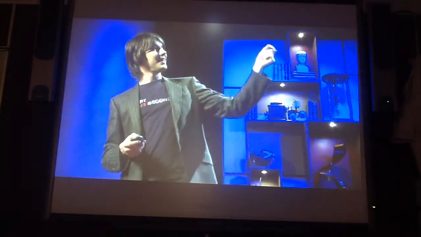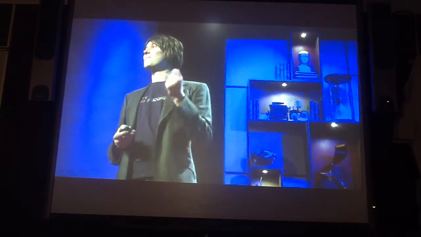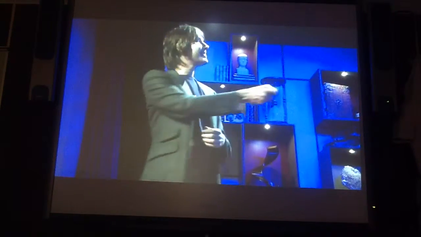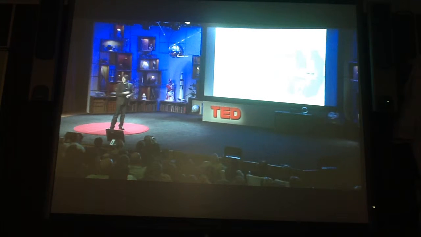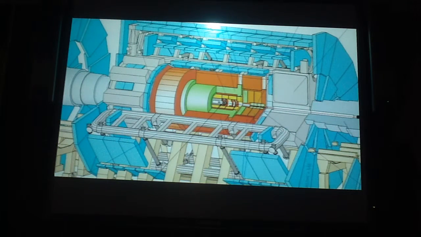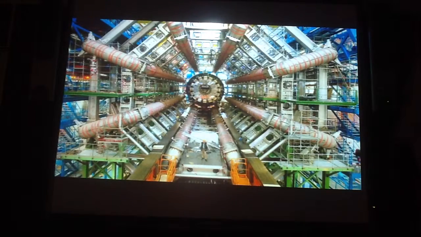And we recreate the conditions that were present less than a billionth of a second after the universe began, up to 600 million times a second inside that detector. You know, immense numbers. And if you see those metal bits there, those are huge magnets that bend electrically charged particles so we can measure how fast they're travelling. This is a picture about a year ago.